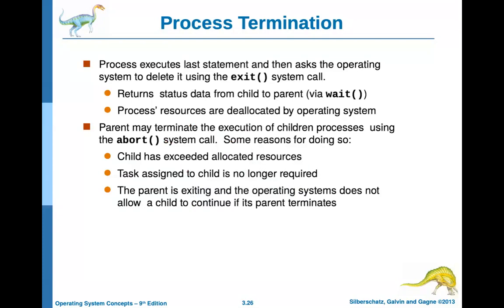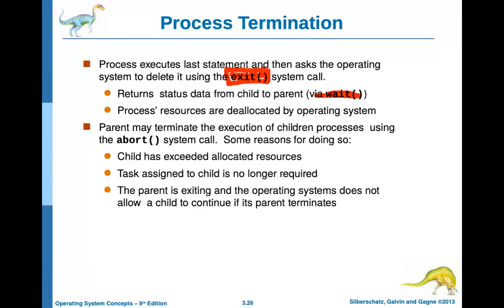Now process termination, two types of termination. Number one, the process calls the exit system call once whatever the assigned task for your process is finished. That process will call this exit system call. Till then, the parent is actually waiting for the child to finish.